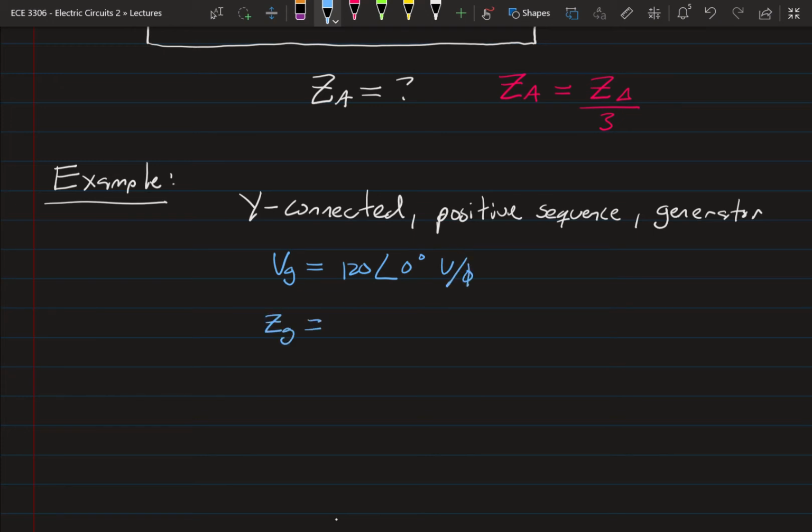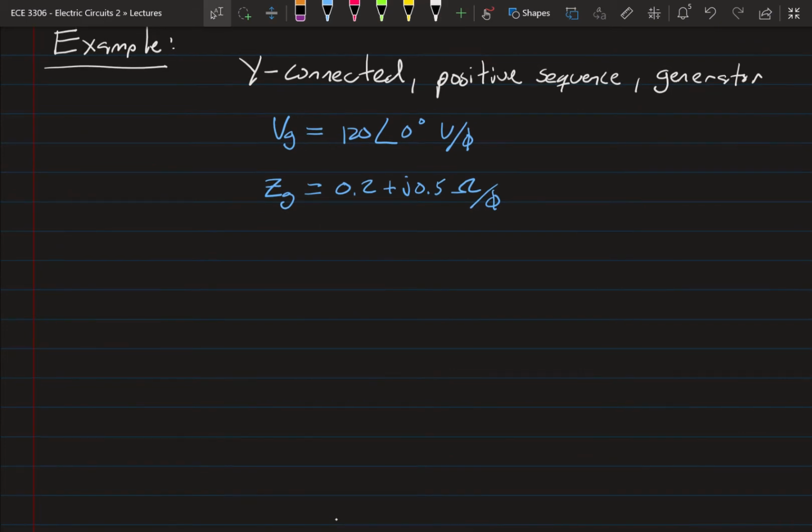And it has an impedance 0.2 plus J 0.5 ohms per phase. The transmission line has an impedance, we'll call that ZL, equal to 0.3 plus J 0.9 ohms per phase.